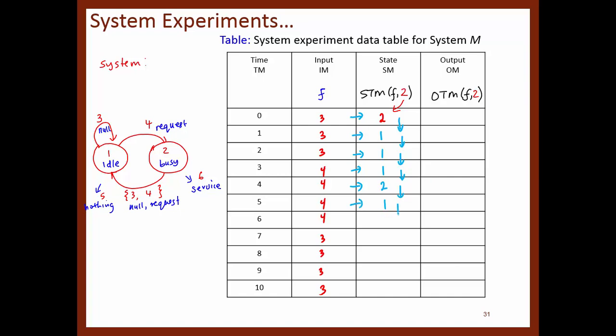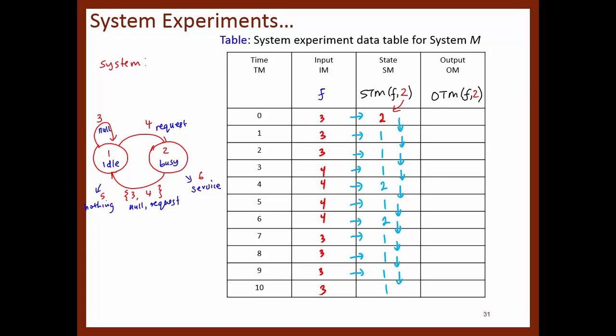We receive 4, we go to 2; 4, we go to 1; 3, we stay in 1; 3, we stay in 1; 3, we are still in 1. These transitions are based on this transition model. If I'm in 3 and I receive an input of type 1, then I'm not changing state. If I'm in 4 and I receive any type of input, then I'm transitioning to state 1.